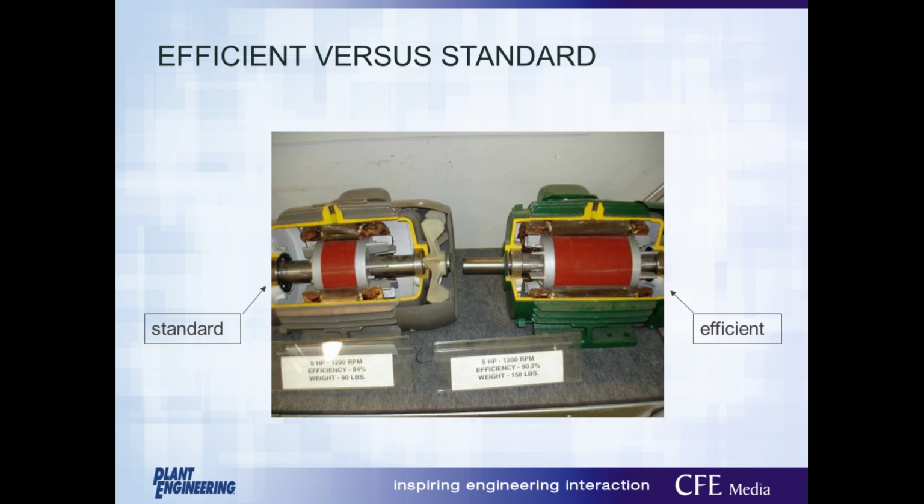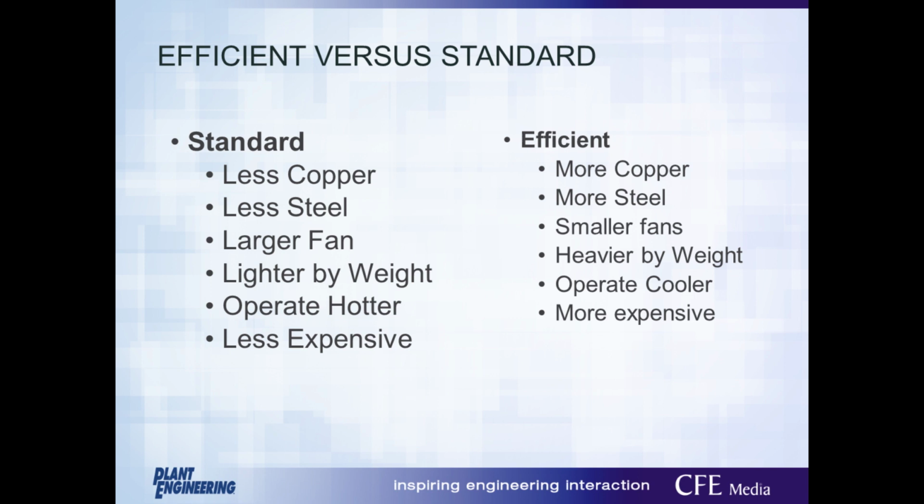A few things to note: the difference in the amount of rotor and stator laminations, what's painted red on the picture, and also the fan size. But now I'm looking at the slide, we can't really see the fan on the efficient motor, so I guess you'll just have to take my word for it. Sorry for that.